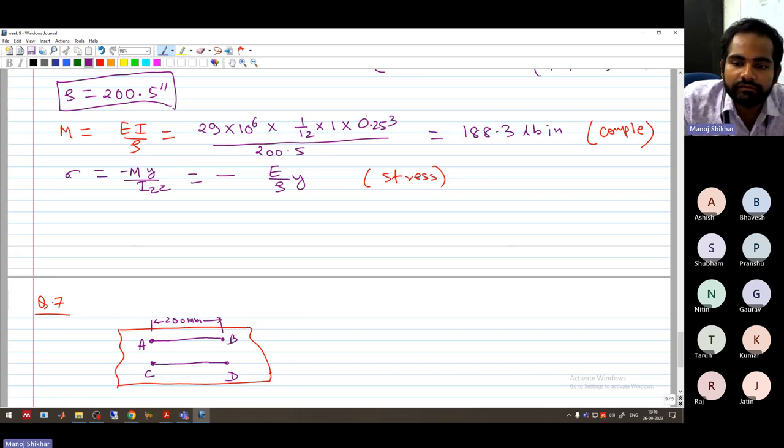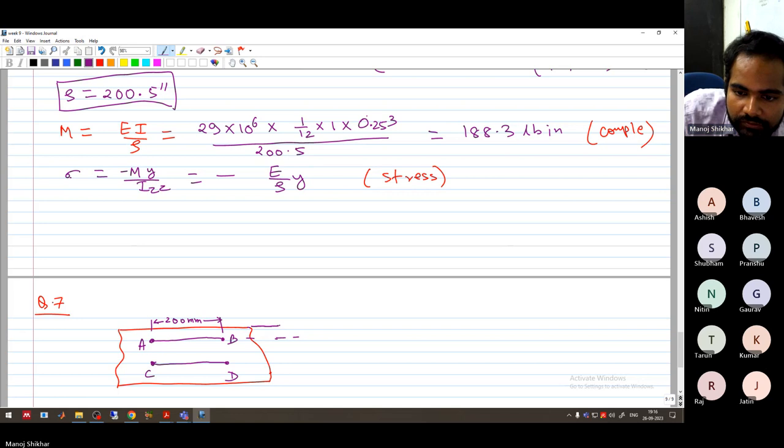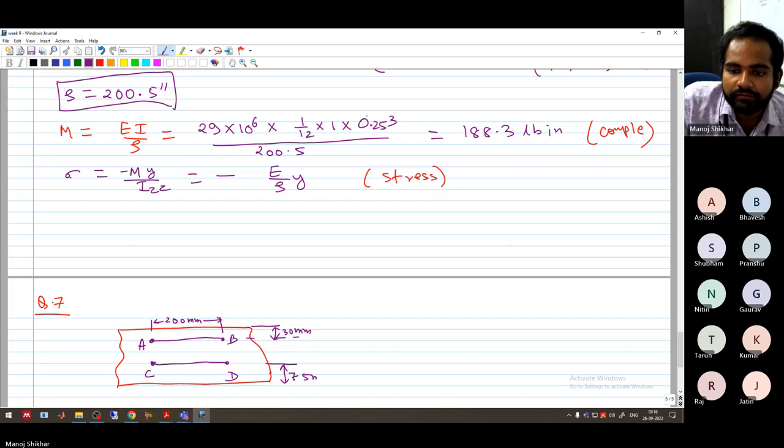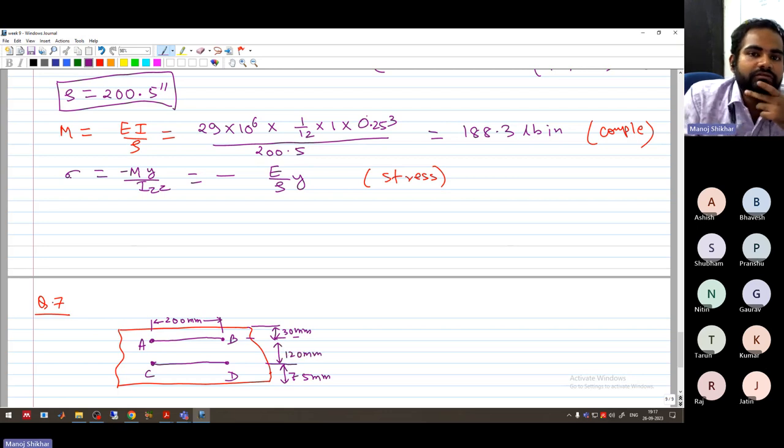They have also given the location of this point B. This is 30 mm from top, and point D is 75 mm from bottom. These lengths are required when we want to find the stress at the top or bottom fiber. And this length is 120 mm. This has been given in the question.